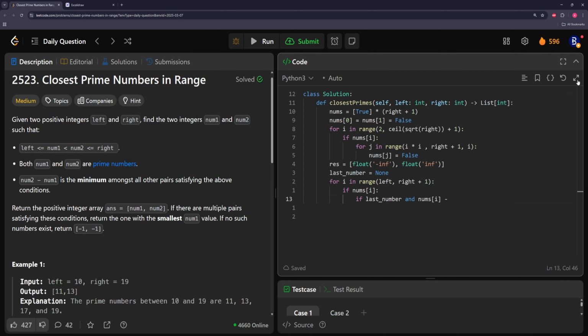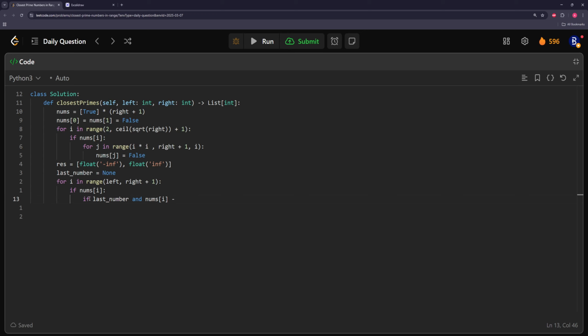Yeah. Actually, sorry. So actually I is the number. So we don't need nums I, because this is all the numbers. So we don't need nums I, we just need I minus last number is less than result 1 minus result 0.